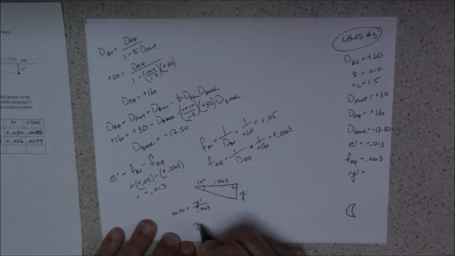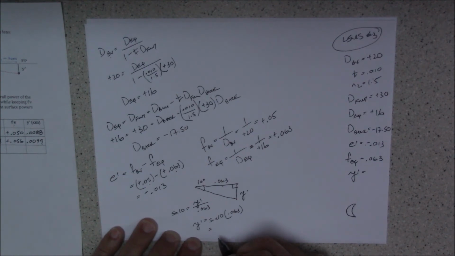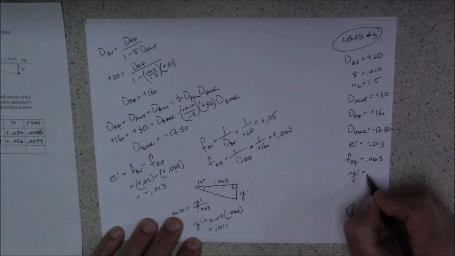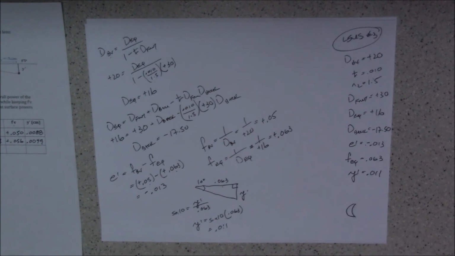So our y prime is going to be the sine of 10 degrees times 0.063. Crunch the math on that, and it comes out to 0.011. So the y prime is going to be 0.011, and we're going to have a meniscus shape for that lens.